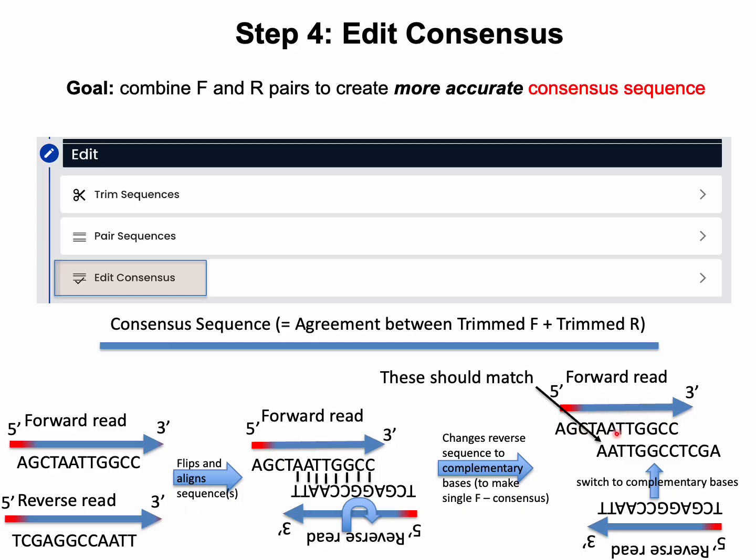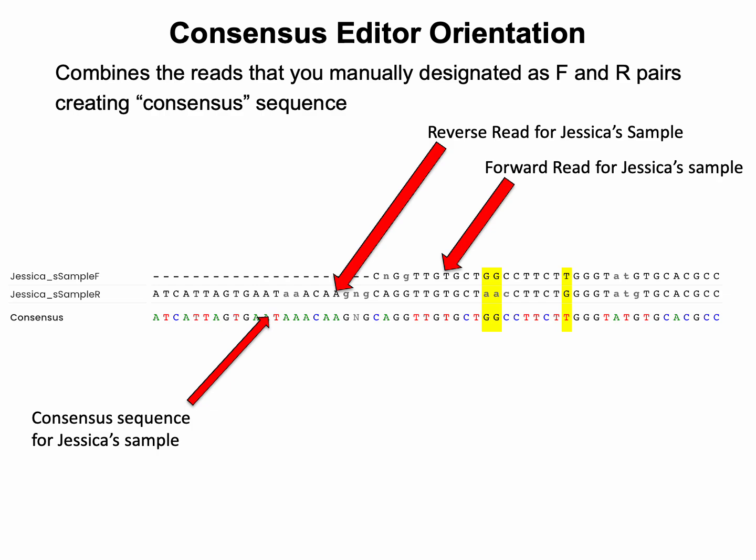It shows the set of individual nucleotides for our forward read, and those same nucleotides according to the complementary bases of our reverse read when we align the forward and reverse. Essentially, your consensus sequence looks at the agreement between those two to assess the overall accuracy of your final sequence.